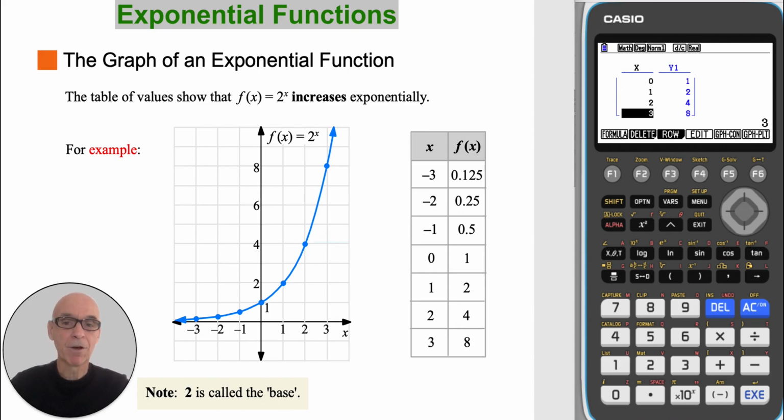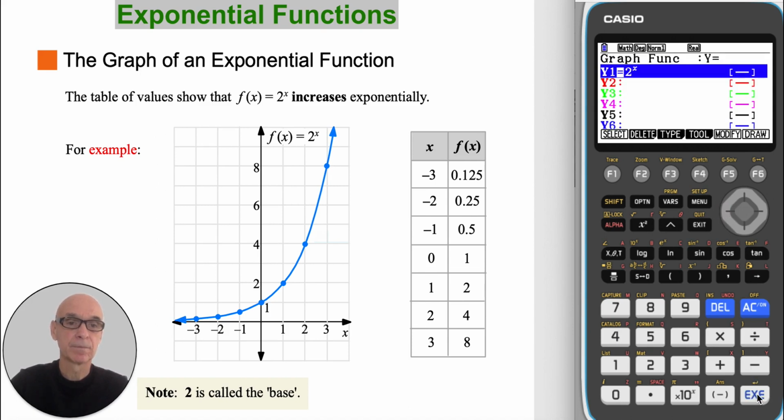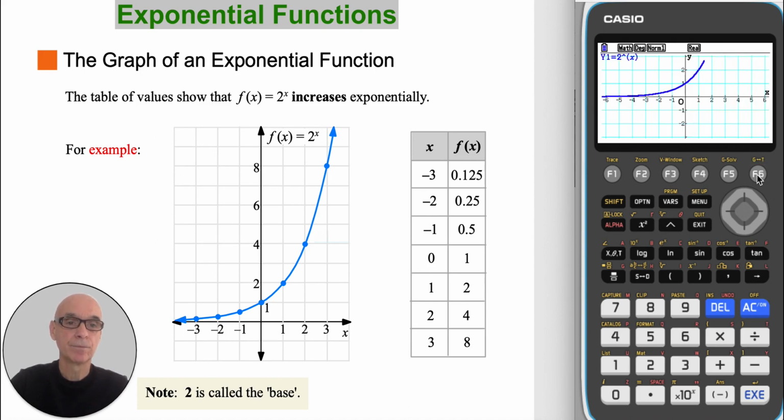To draw the graph on the calculator, from the main menu, select Graph, and then press F6 for Draw. The table of values and the graph show that the function increases exponentially.